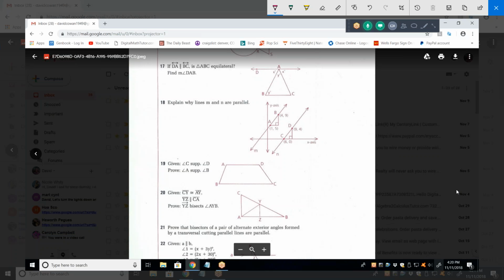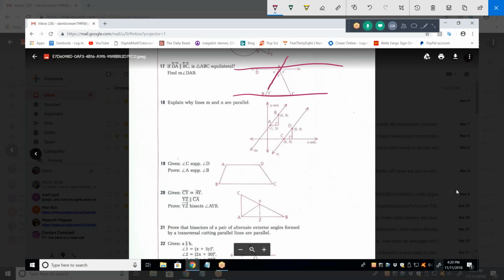Okay, here's our two parallel lines. There's the transversal. So y is equal to what? Y is equal to y? No, here, let me draw it again. There's the top parallel line. There's the bottom parallel line.